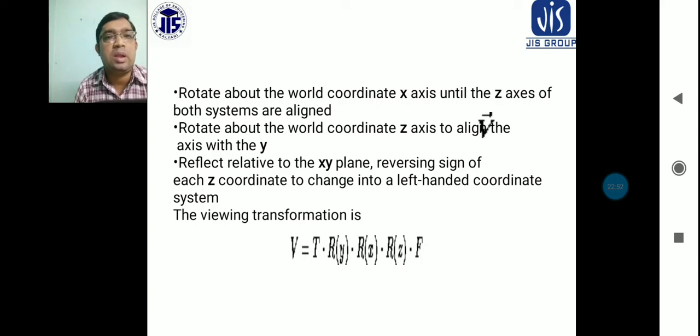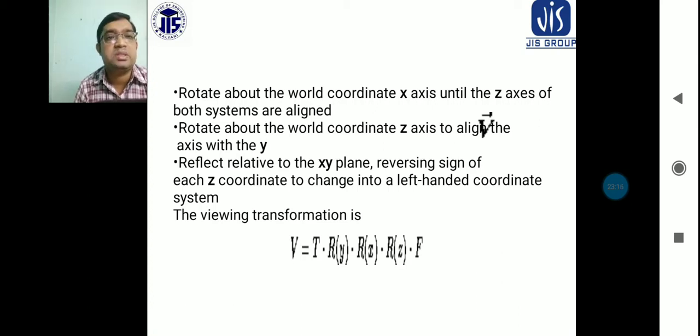Then rotate about the world coordinate z-axis to align the v vector axis with the y-axis. Reflect relative to the xy plane, reversing the sign of each z coordinate, to change into a left-handed coordinate system.